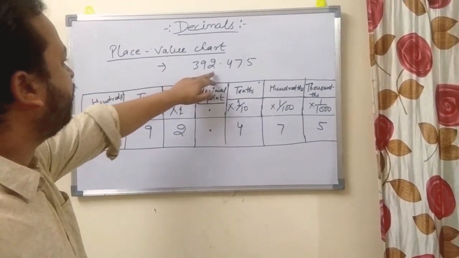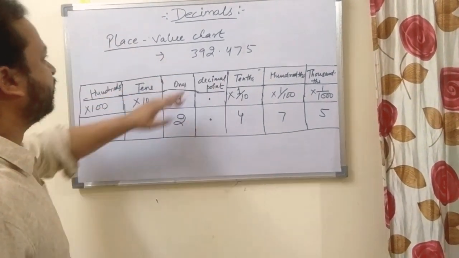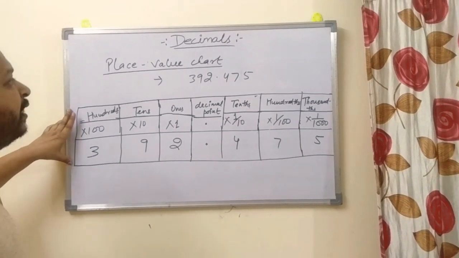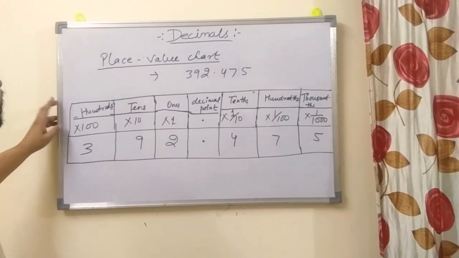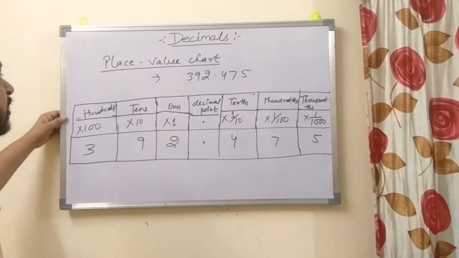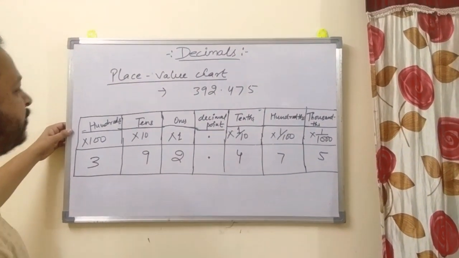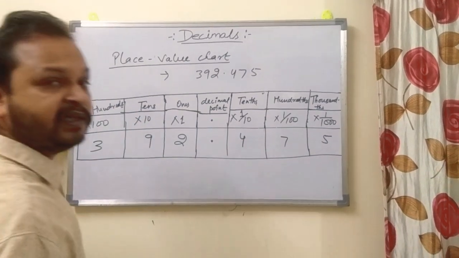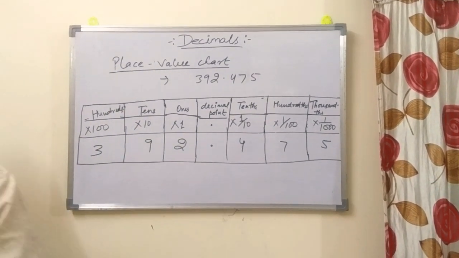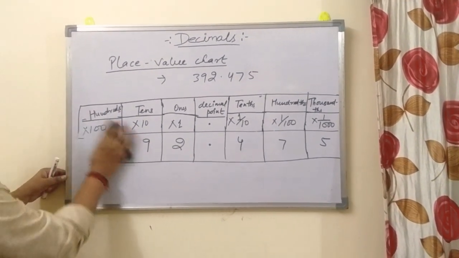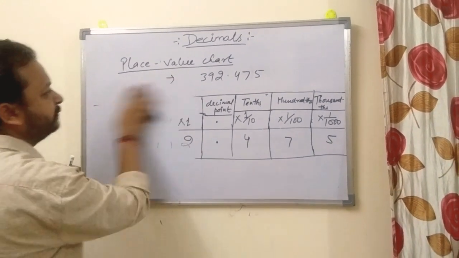And here you know the ones place, tens and hundreds place. So if a question is asked, you have to place the given number in the place value chart. So follow this chart.